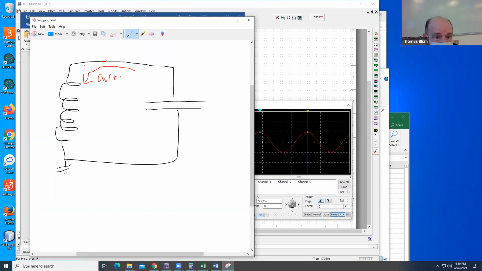Now the capacitor would like to stop. You're the capacitor. You would like me to stop. But I'm an inductor, and you got me going with this current, and I say don't stop.